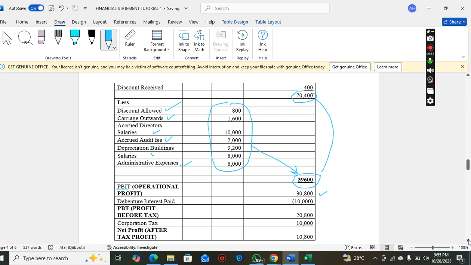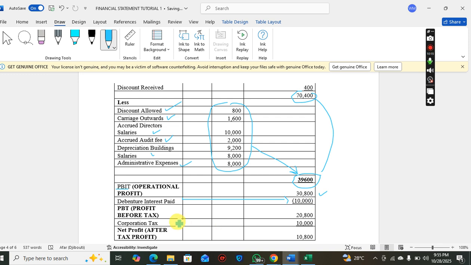So after I get your operational profit, we need to get our profit before tax. To get our profit before tax, we just need to deduct our interest expense. You told us the debenture interest paid 10,000.